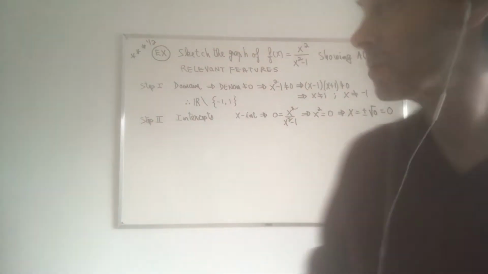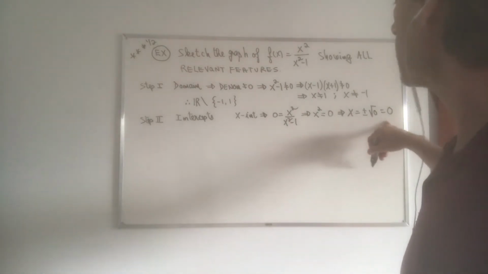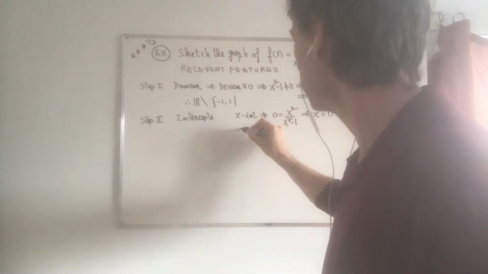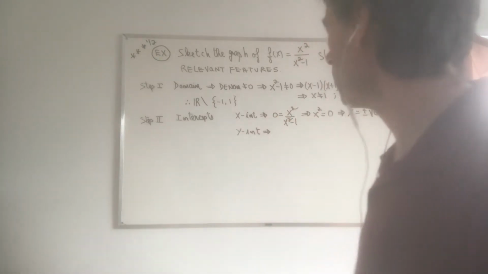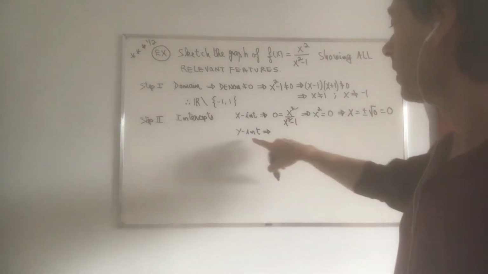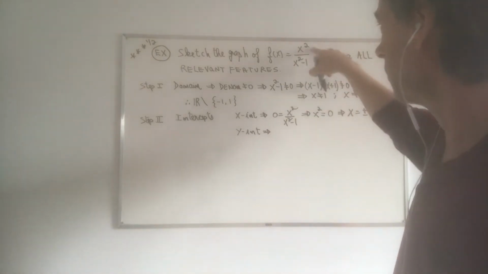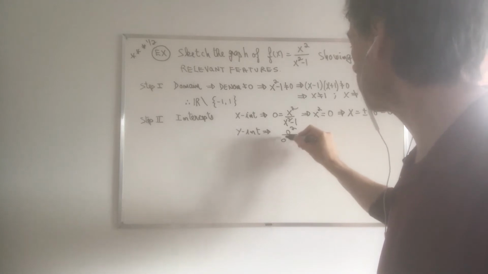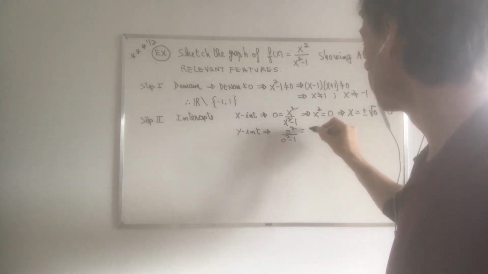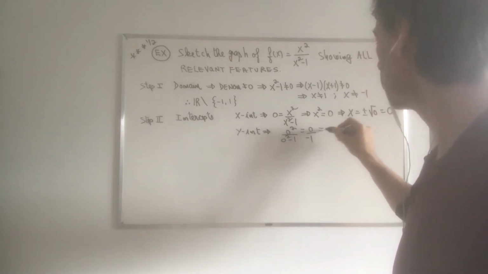Good. So if the x-intercept is 0, let's take a look at the y-intercept. It should be pretty clear what we're going to get. This time I need to replace x by 0, so 0 squared over 0 squared minus 1. This is 0 over minus 1.